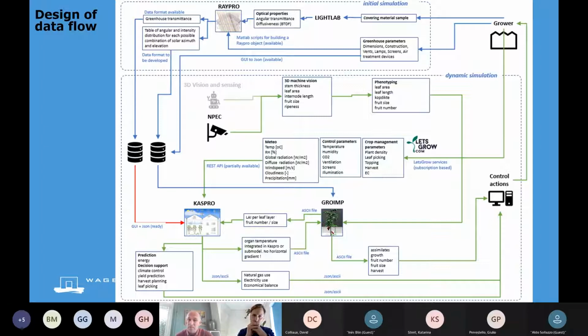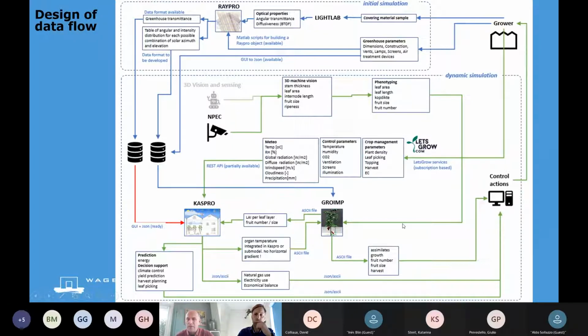At the same time, to the left, you see the image of Caspro. Caspro is, of course, simulating the climate in the greenhouse, the temperature, the humidity, the CO2, very important input for the growth model. So that together gives a certain production, and that information is passed to the control system, and it is gathered together, put somewhere in the cloud, and Rick will talk about that later.